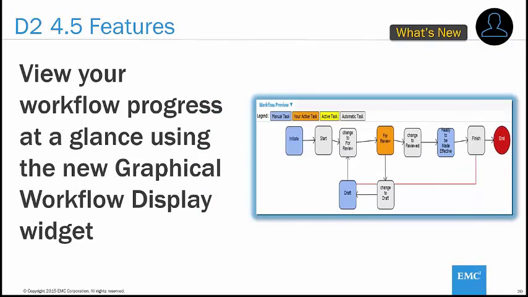So we've also introduced a graphical workflow display widget. If in D2 you've taken a look at your library, found the kind of content you want, and you want to start initiating a particular workflow, there's a widget that you can just pull from the widget library and put on your desktop, and you'd be able to see from that some sort of graphical representation of where you actually are in that workflow.